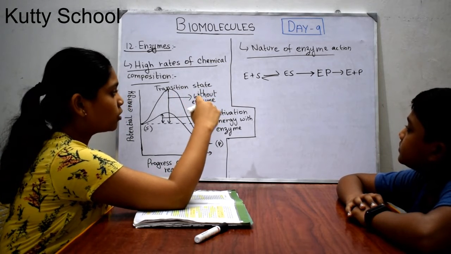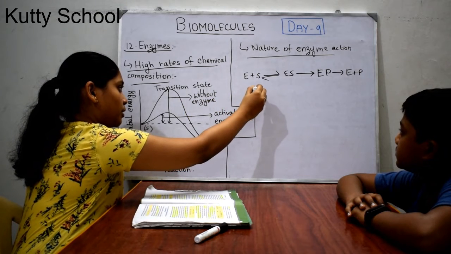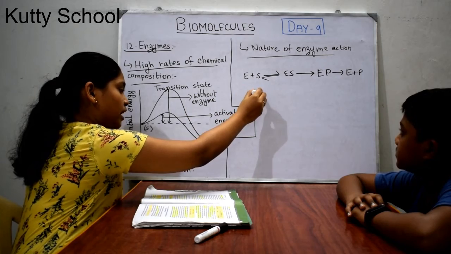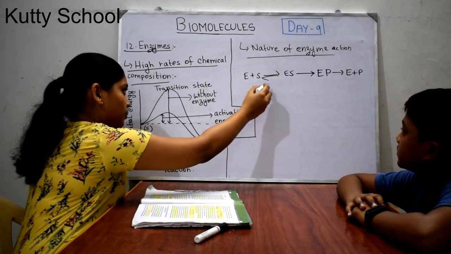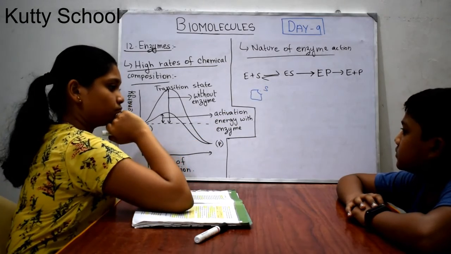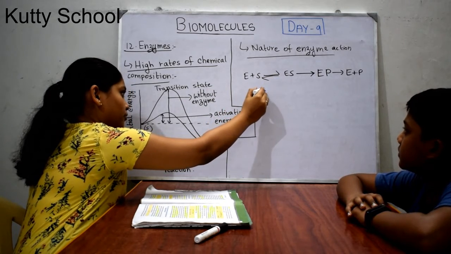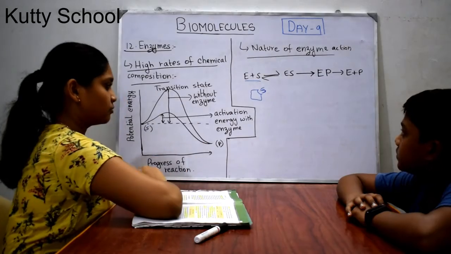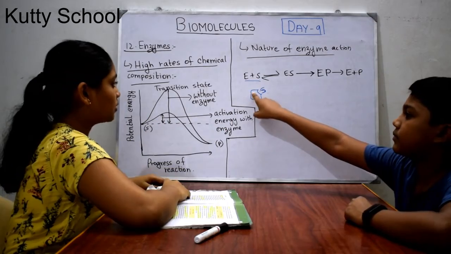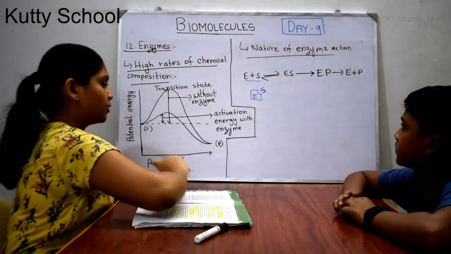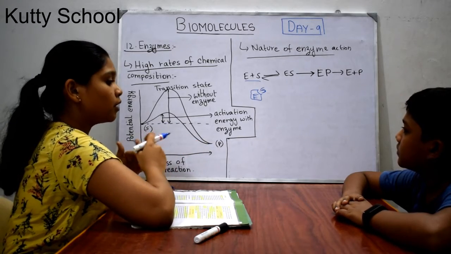We have already seen that an enzyme has an active site, some position in the enzyme. The substrate comes and attaches here, fills the gap, and this is known as E plus S. The substrate is the substance which has to be changed into products.